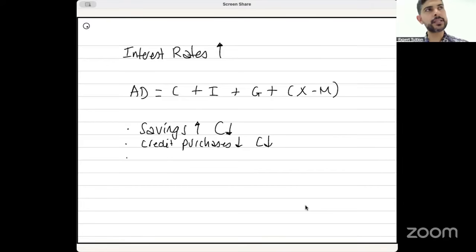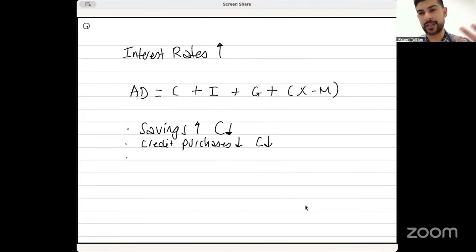The last thing is in terms of mortgages, because there are two types of mortgages that you can take out. When you borrow money to buy a house, the first type is called a fixed interest mortgage. Not interesting. The other type is a tracker or variable mortgage, which basically tracks the central bank interest rate. So if the Bank of England raised its base rate, all the people on a tracker mortgage now have to repay a higher amount of interest per month.